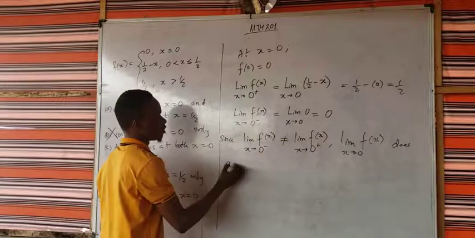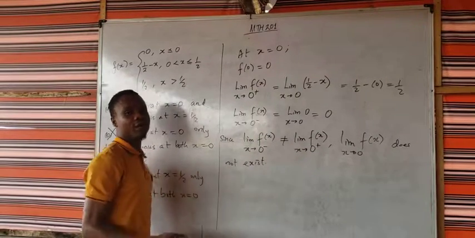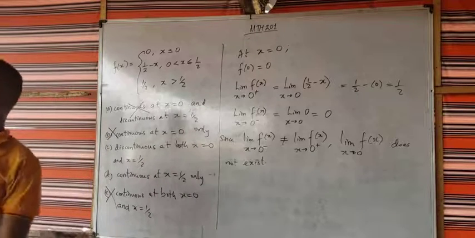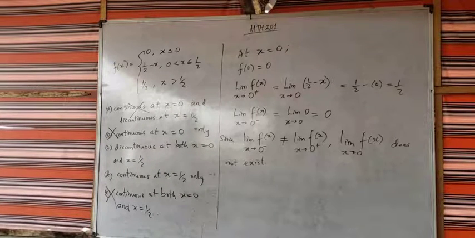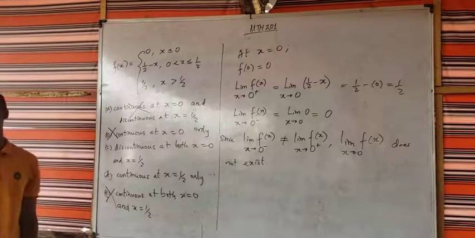So because it does not exist, one of the rules for the continuity of the function is broken altogether. For the function to be continuous, f of 0 must exist, our limit as x approaches 0 must also exist, and the two must be equal. Do you understand that? Yes. Right. So we have established now that the function is not continuous at x equal to 0.